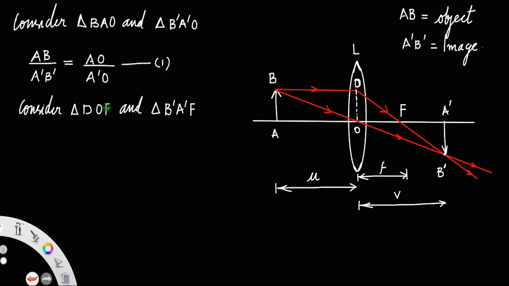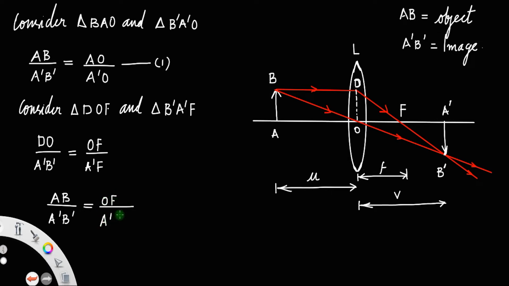So DO by A dash B dash is equal to OF divided by A dash F. Again, the length of DO is equal to the length of AB. So instead of DO, you can write AB by A dash B dash is equal to OF divided by A dash F. Let's call that equation number 2.